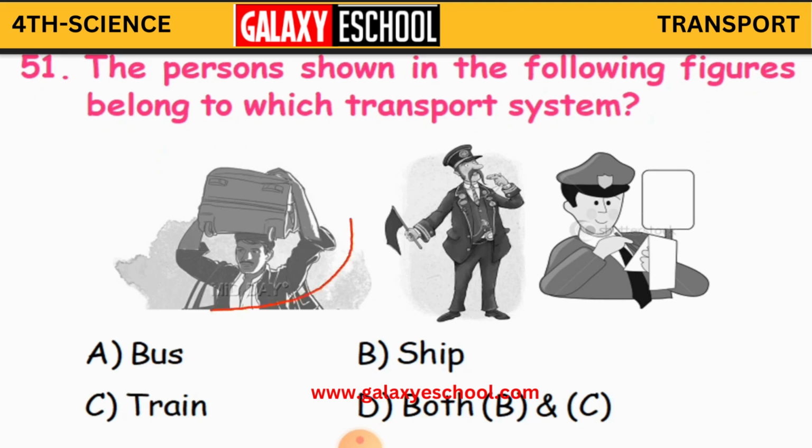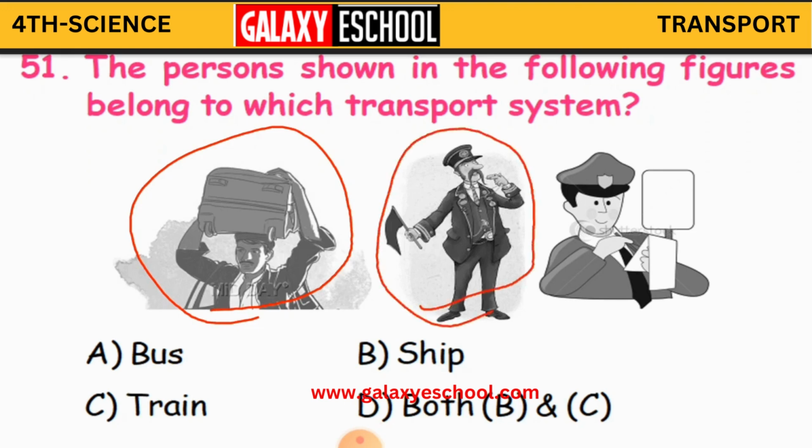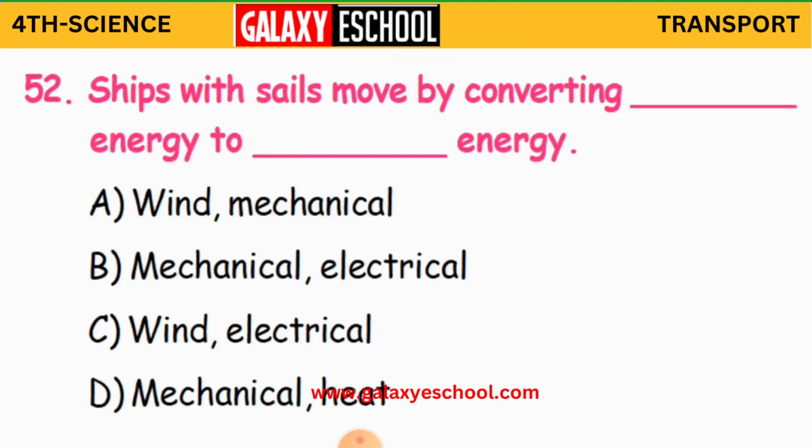See here, this man is a coolie, who carries luggage of the passengers, and this man is the station manager. This man is a ticket collector. Okay, so to which transport system do they belong? Obviously train. So C is our correct answer.